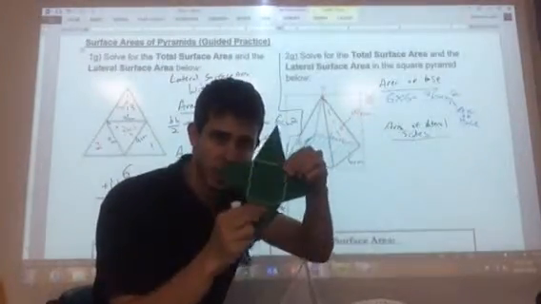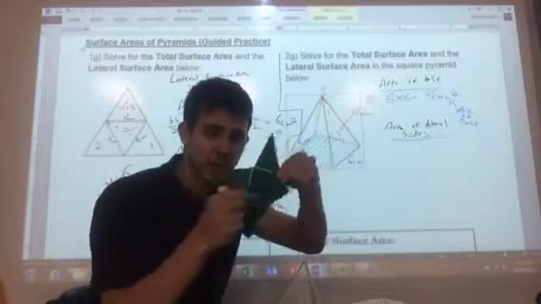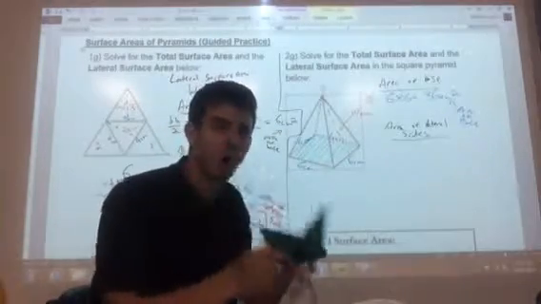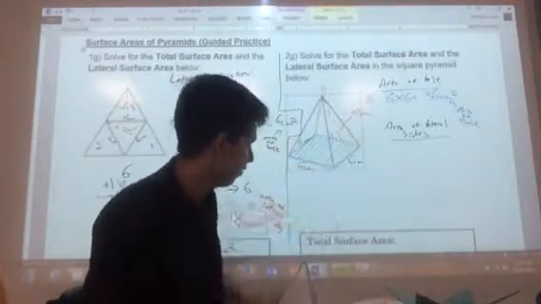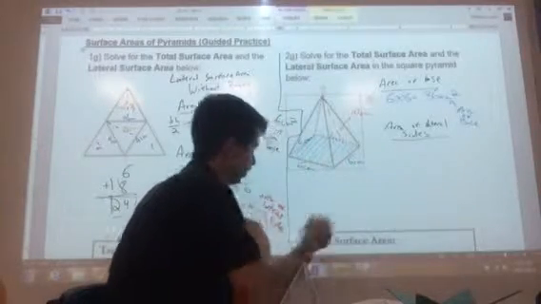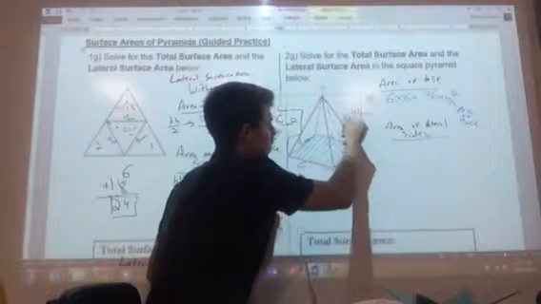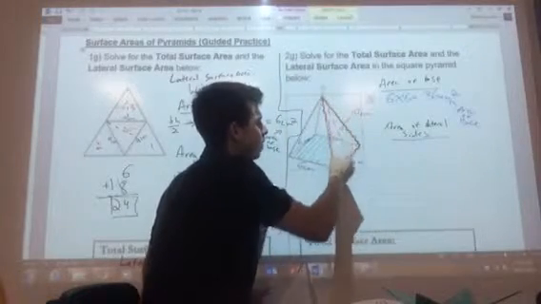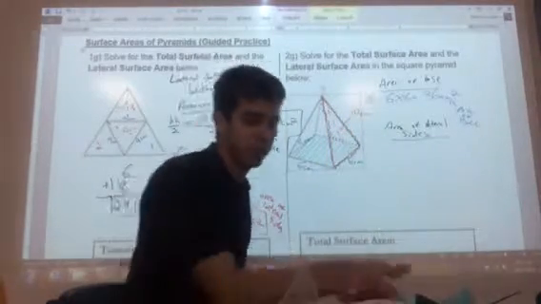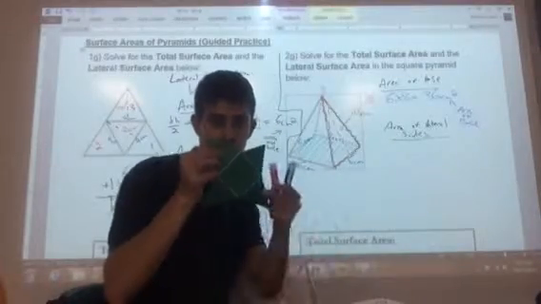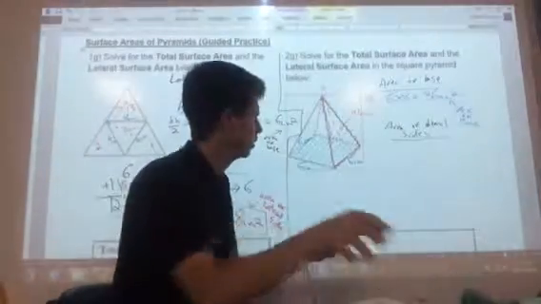Notice in this shape how the heights of all these triangles are all the same. So if I figure out the area of one triangle, and I'm going to highlight it in pink, I just need to multiply by the number of triangles there are. And how many are there? Well, there's 4 triangles. 1, 2, 3, and 4.